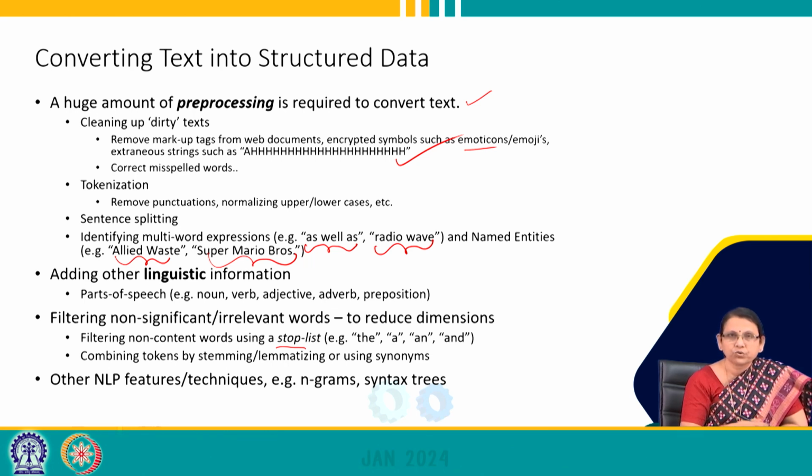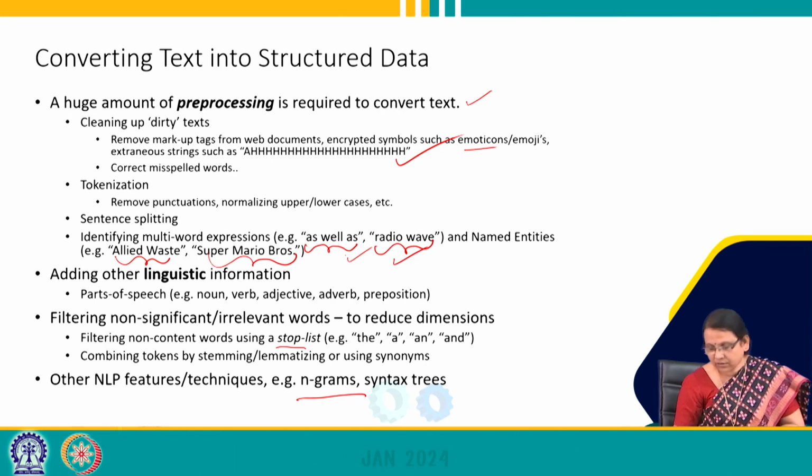Then you may have to come down to the basic root word. For example, token, tokenization, tokenizing, all these go to the root word token. Sometimes you can go for other techniques where you consider more than one word, that can be n-grams, bigrams, trigrams, and so on.